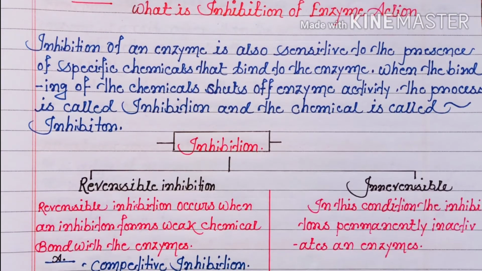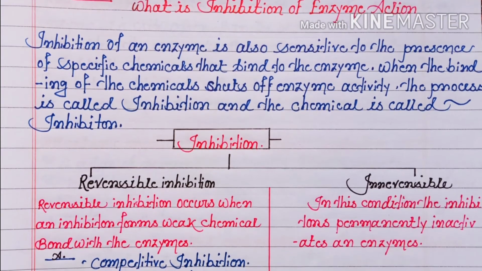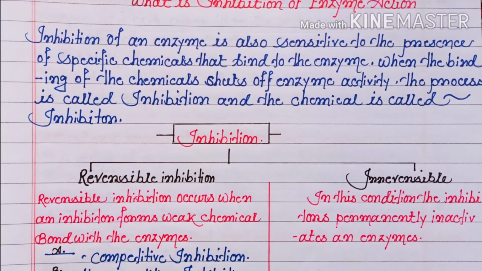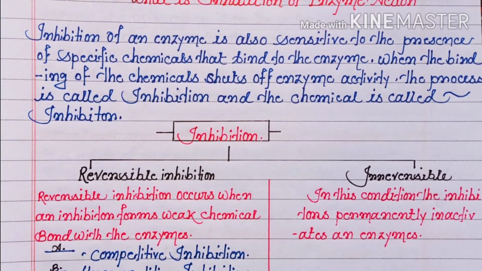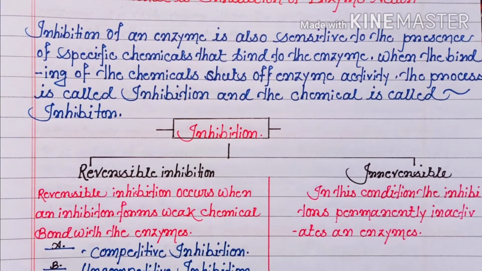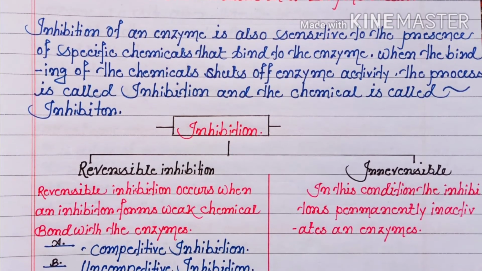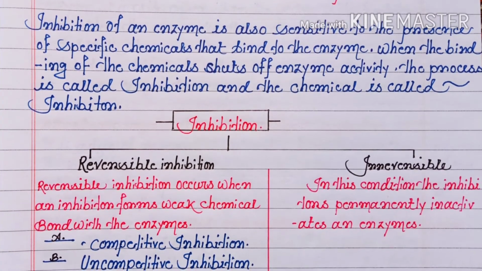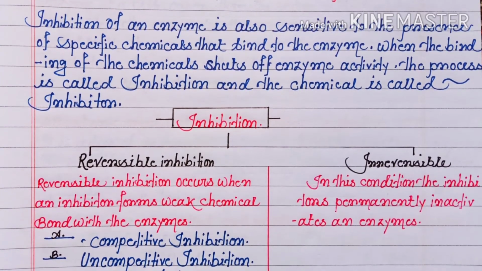If I talk about reversible inhibition, it occurs when an inhibitor forms a weak chemical bond with the enzyme, and reversible inhibition is again subdivided into four categories.